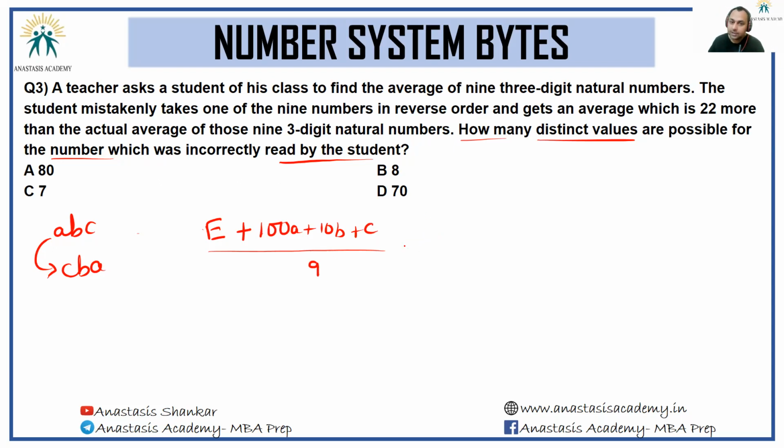This should have been the actual average. So now, plus 22 is equal to E plus 100C plus 10B plus A, whole thing divided by 9. This is the entire expression.